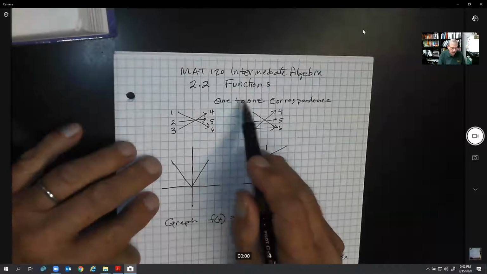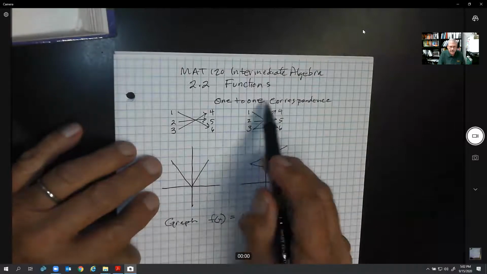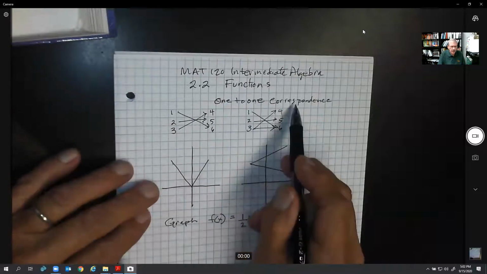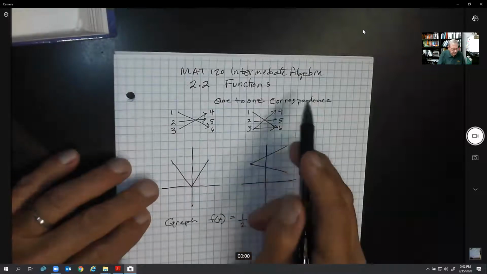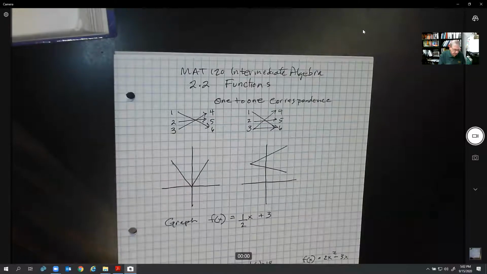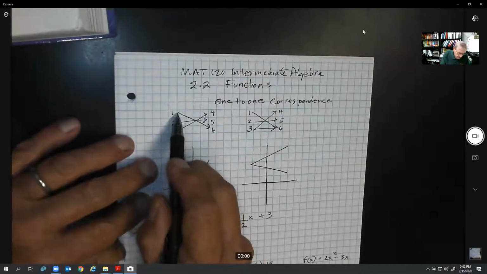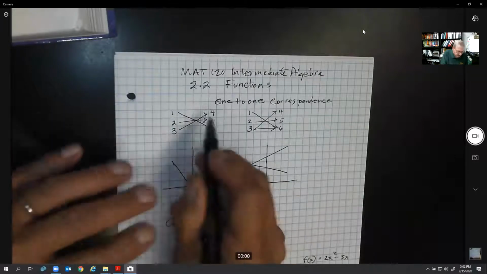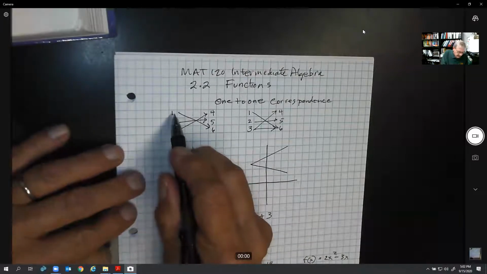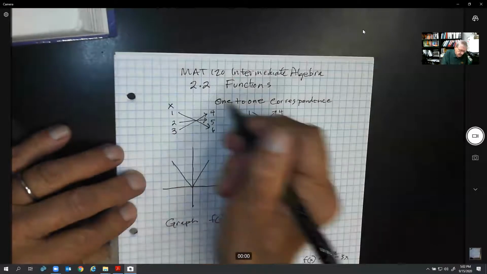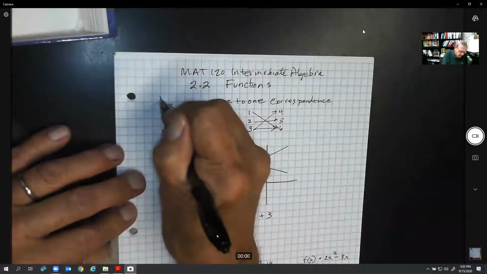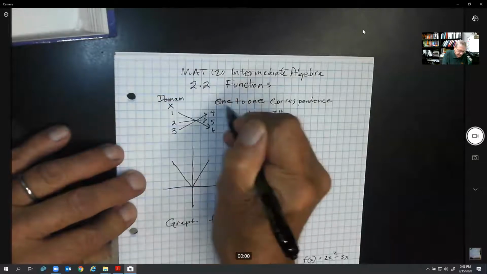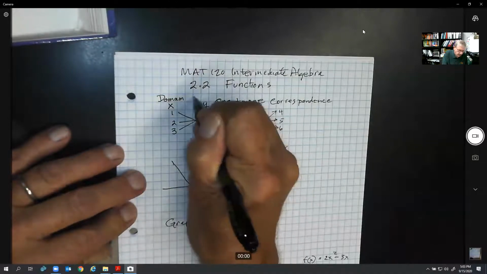Okay, first we want to talk about one-to-one correspondence. If a problem has a one-to-one correspondence, then we call it a function. Here we have a problem, and I just like to think of it as shooting arrows. These are x's. By the way, the x's are called the domain, and these are the y's, and the y's are called the range.